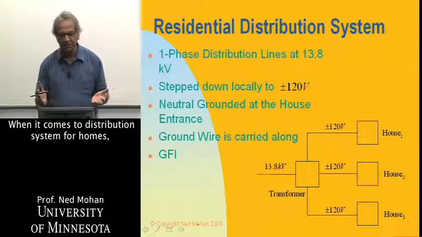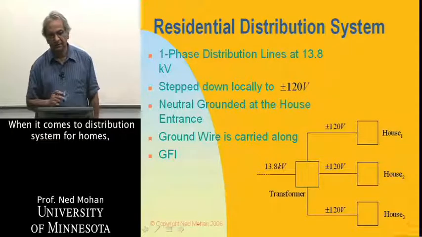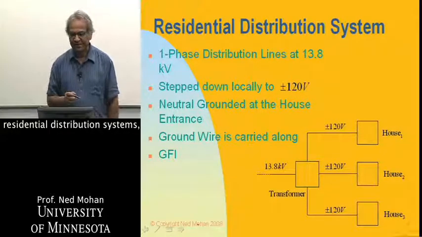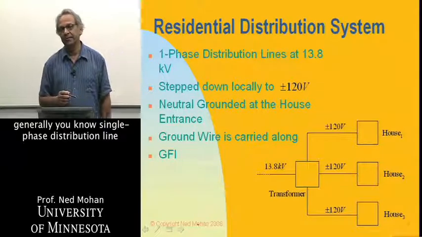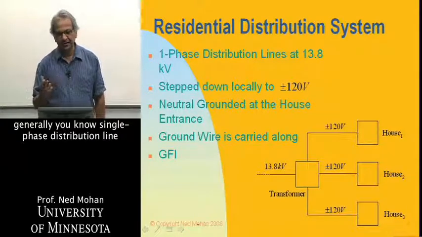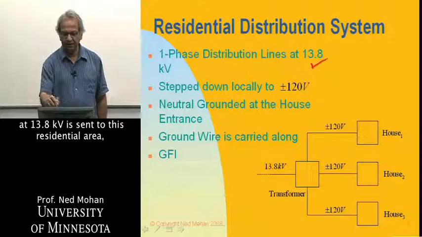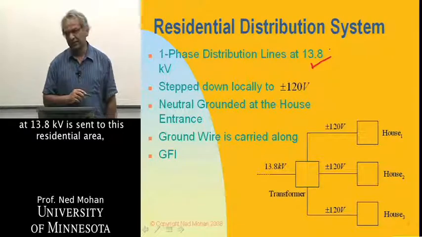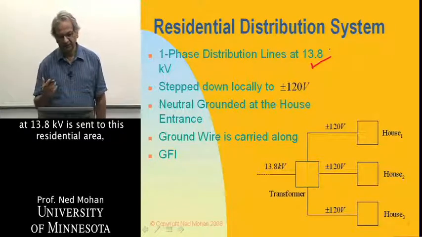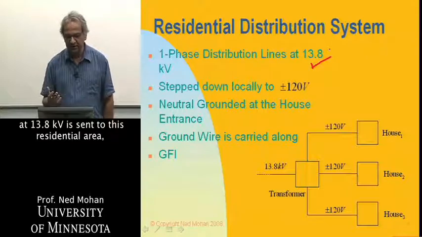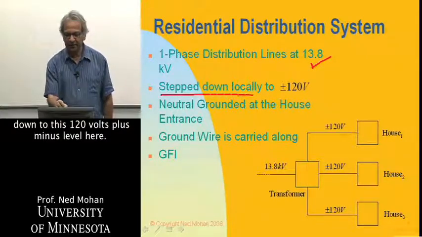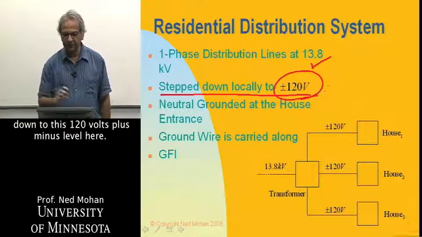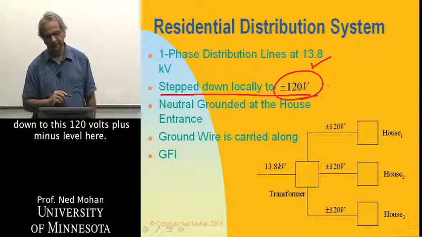When it comes to distribution systems for homes, residential distribution systems, generally, a single phase distribution line at 13.8 kV is sent to the residential area, and locally it is stepped down to this 120 volts plus minus level here.